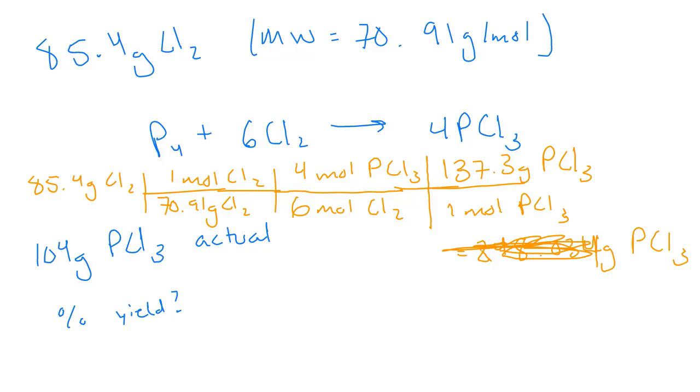It equals 110. I forget what the remaining digits were, I'll double check. 110.2 grams of PCl3. All right, and like you said earlier, percent yield is actual over theoretical.